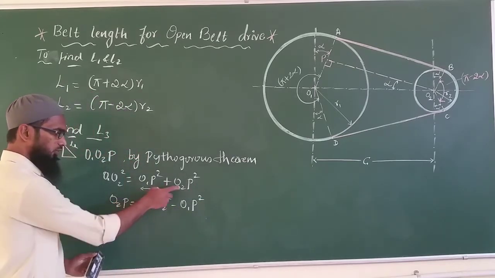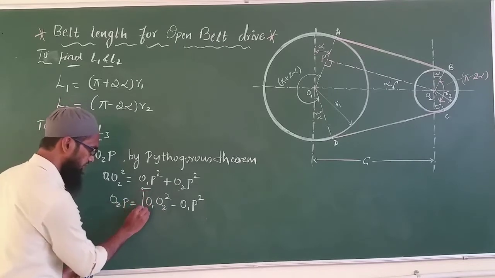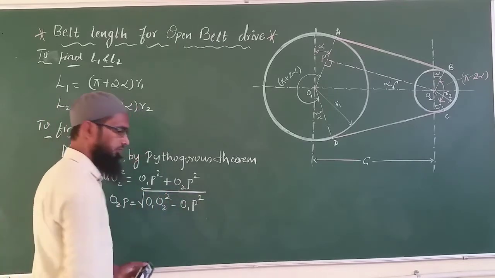Now since it's O2 P square, I just take the square root here.